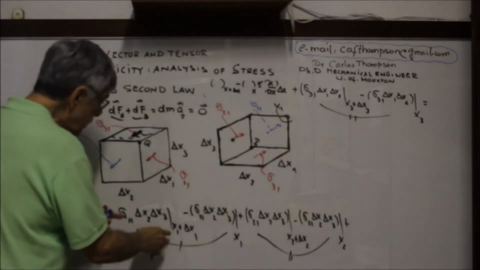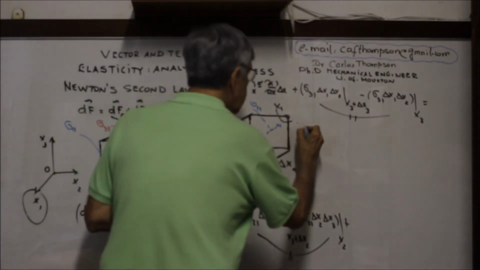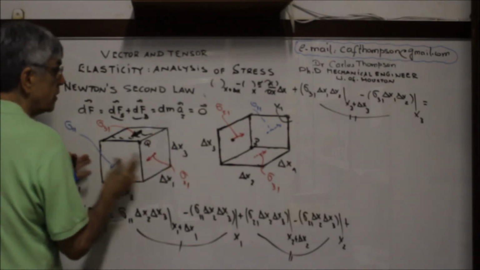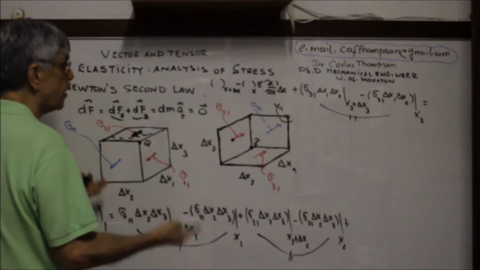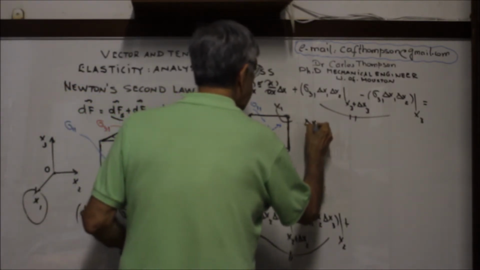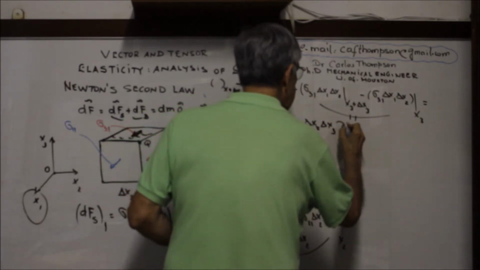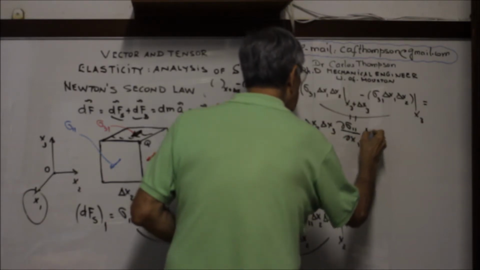So this is a partial derivative with respect to x1. Delta x2, delta x3 is constant when I move from x1 to x1 plus delta x1. So here will be delta x2, delta x3, partial derivative of sigma 1,1 with respect to x1, times delta x1.